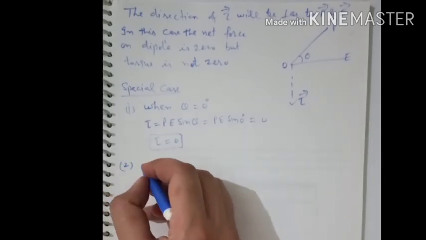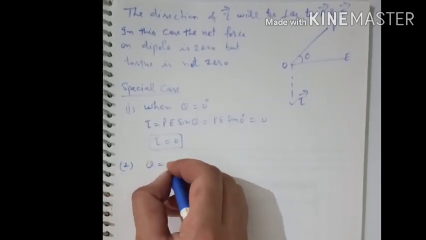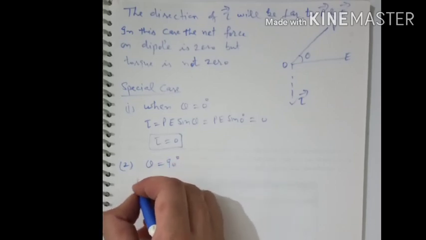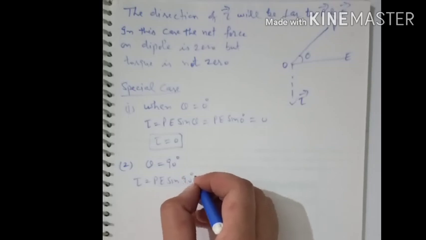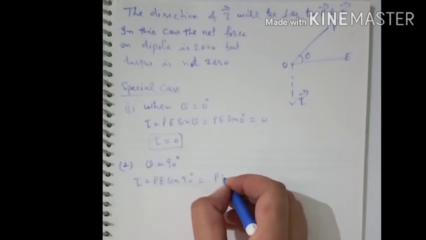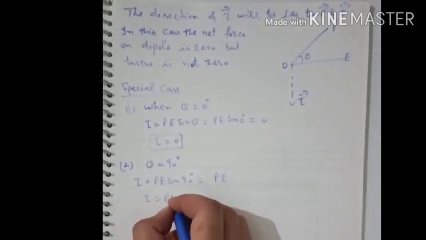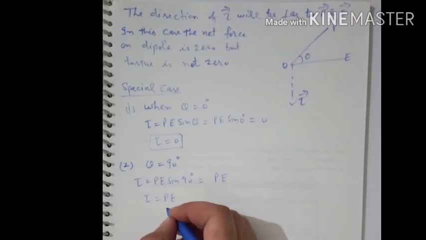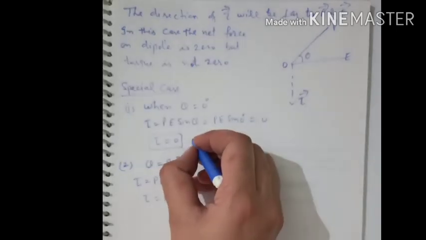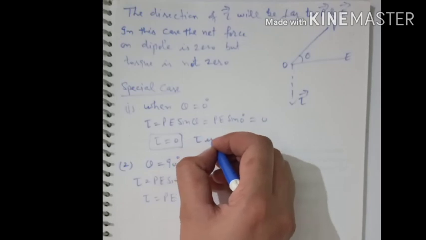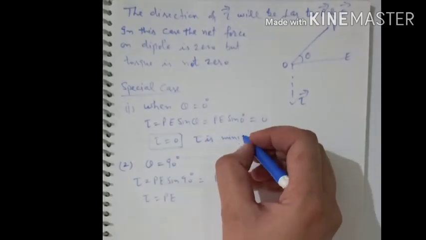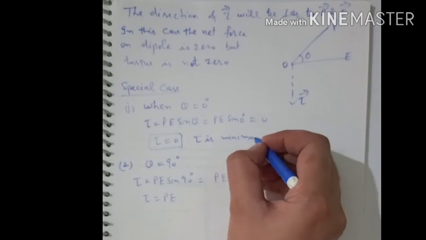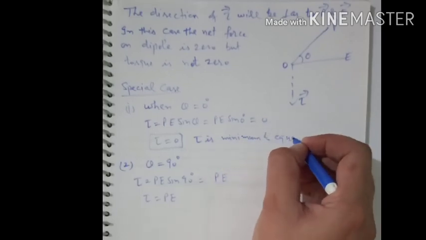The second case is when theta is equal to 90 degrees. Tau is equal to pE sine 90 degrees, which is 1, so tau is equal to pE, which is the maximum. Torque is maximum here. In the first case, tau is minimum and equal to 0.